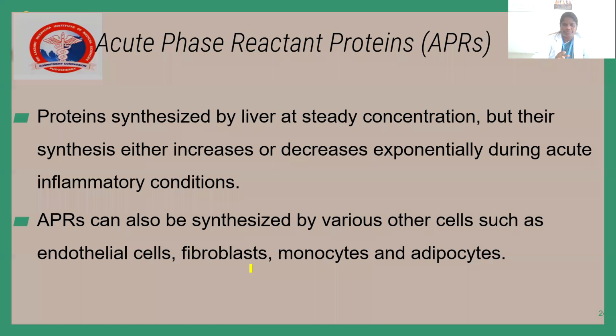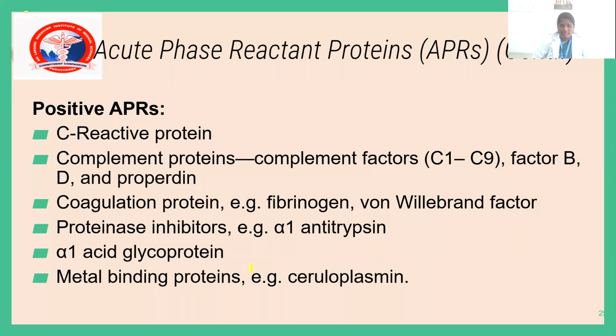Based on that increase or decrease, it is called a positive acute phase reactant or a negative acute phase reactant. An increase above the normal range is called a positive acute phase reactant.